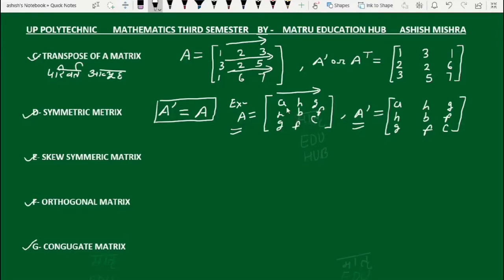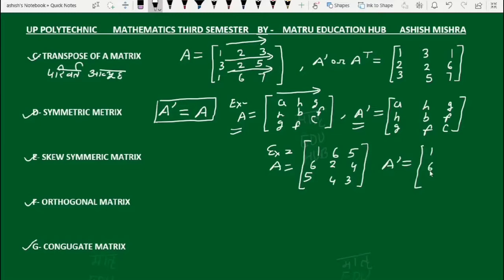We can generate any matrix of this structure. Take, for example, 1 2 3, 4 4 5, 5 6 6. This is A. Then what is A dash?